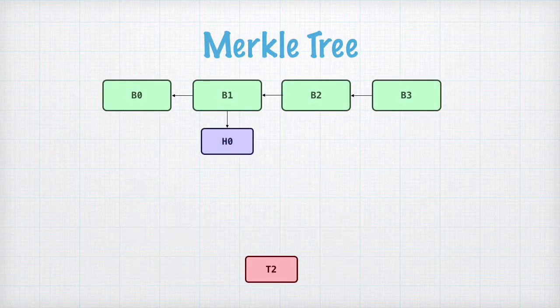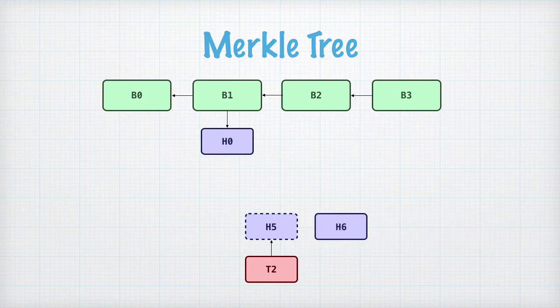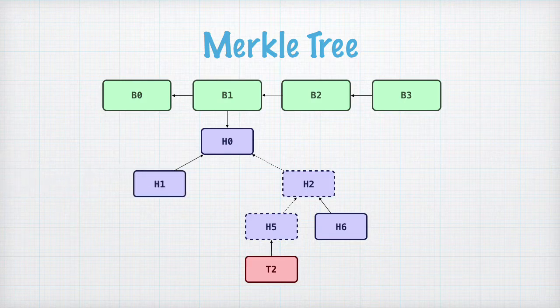So the way you can use this is if a merchant wants to check if some transaction T2 is valid, it doesn't have to get all the transaction data. It doesn't have to wade through all transactions in, say, B1 to check if T2 is there. Instead, he creates a hash of T2, and then he has to acquire the H6 hash, and then he can create the H2 hash by concatenating these two, and by acquiring H1 and concatenating that with H2, we will get the H0, and we can just compare this one with the one stored in B1.